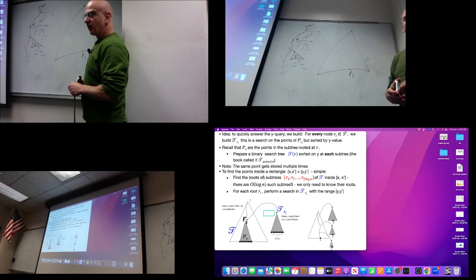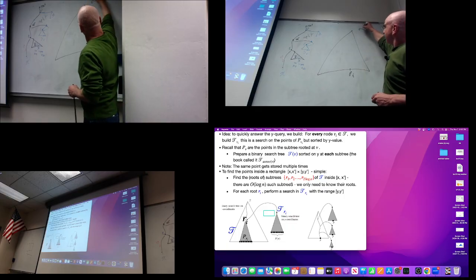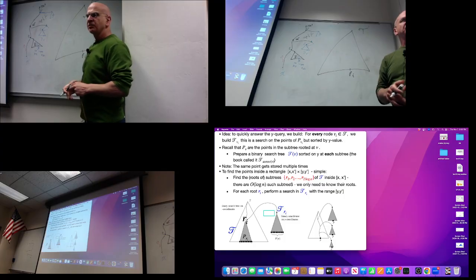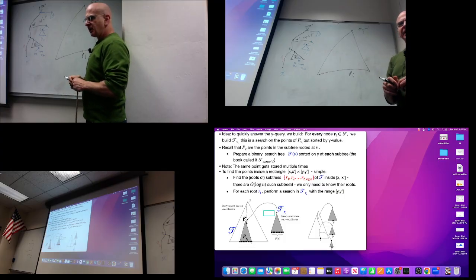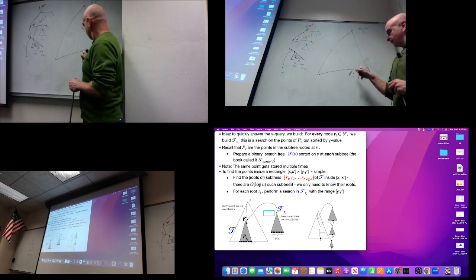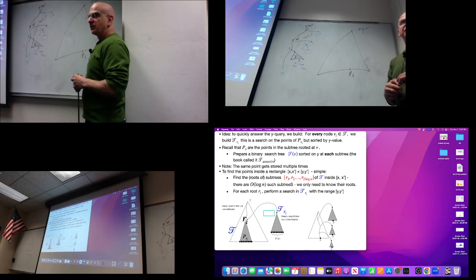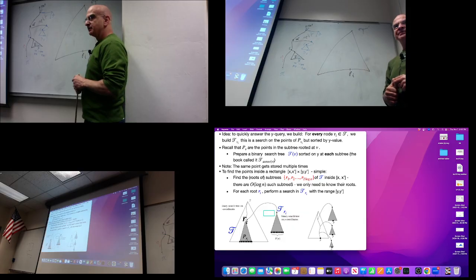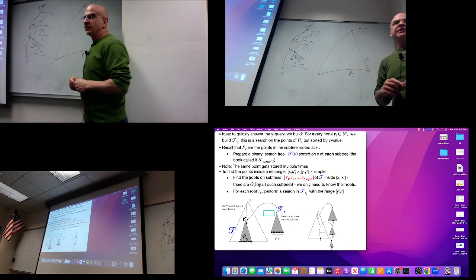Here is one. That's my main tree, T. I don't know how to write calligraphic T. And here is one of the points, pi. Where do you see subtrees that store pi?